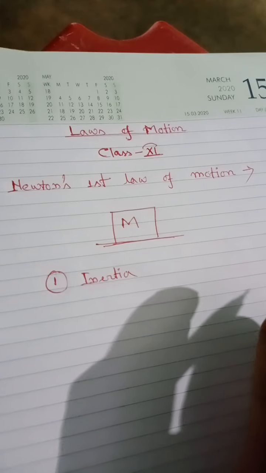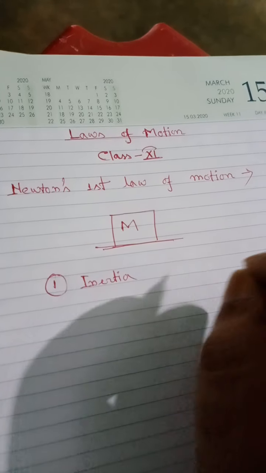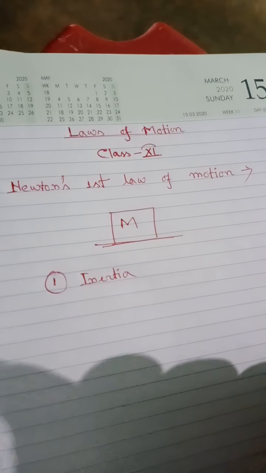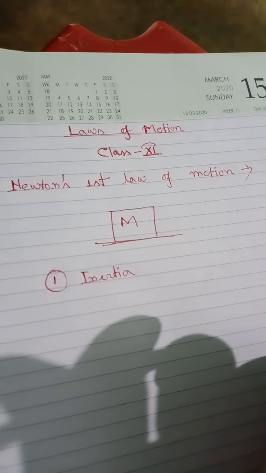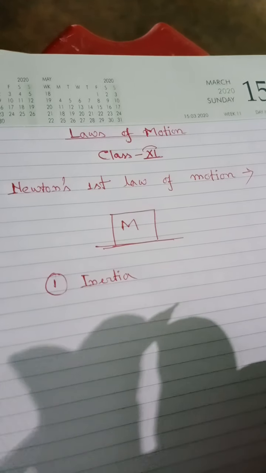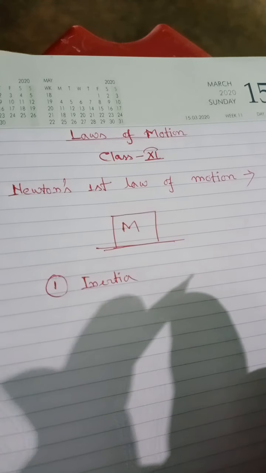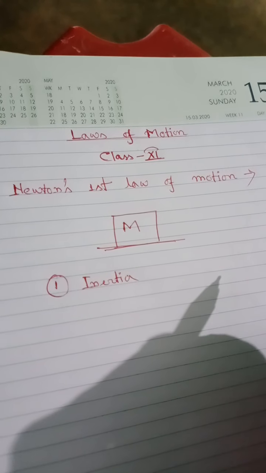इसीलिए जब तुम फैन स्विच ऑफ करते हो तो फैन इमीडिएटली रेस्ट में नहीं आ सकता है, क्योंकि फैन घूम रहा था. The fan was in motion. So the fan has the tendency to be in motion. So when you switch off the fan, it tries to stay in motion.